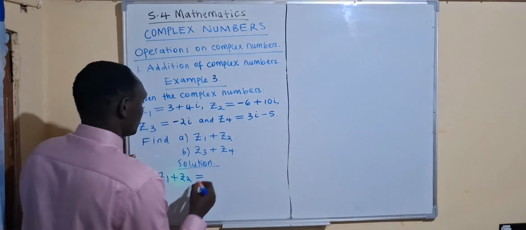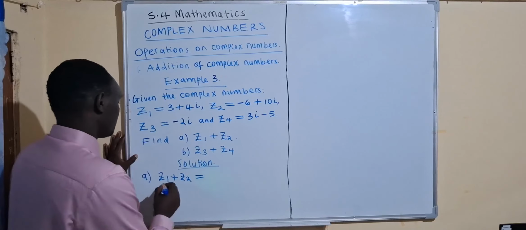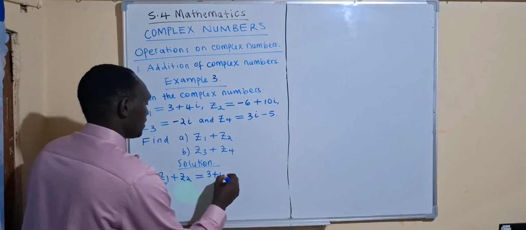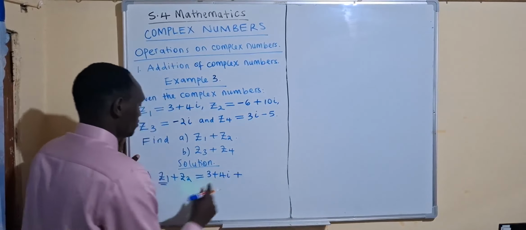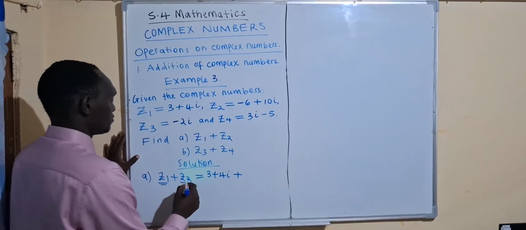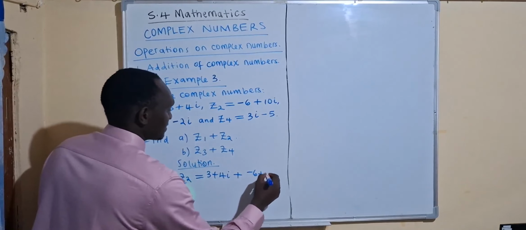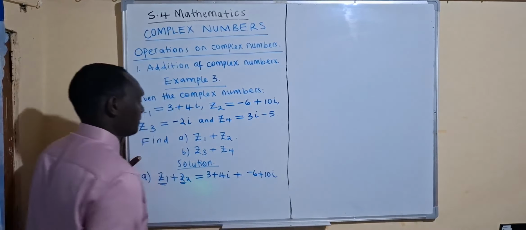We are going to follow the normal procedure. We substitute for z1. What is z1? z1 is 3 plus 4i, but we are adding it to z2. What is z2? z2 is negative 6 plus 10i.